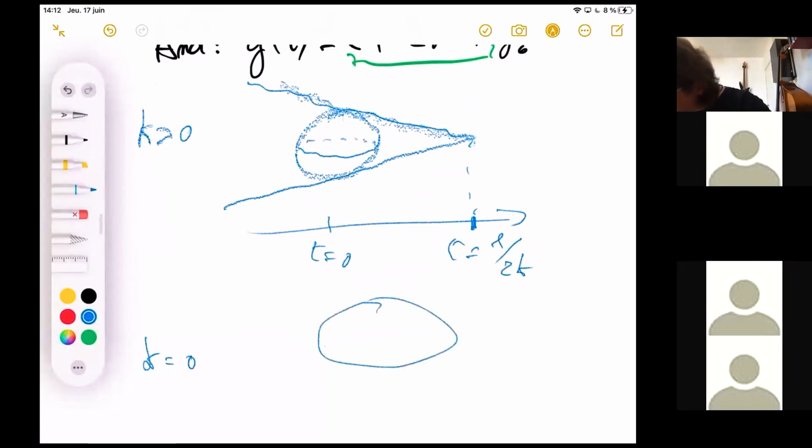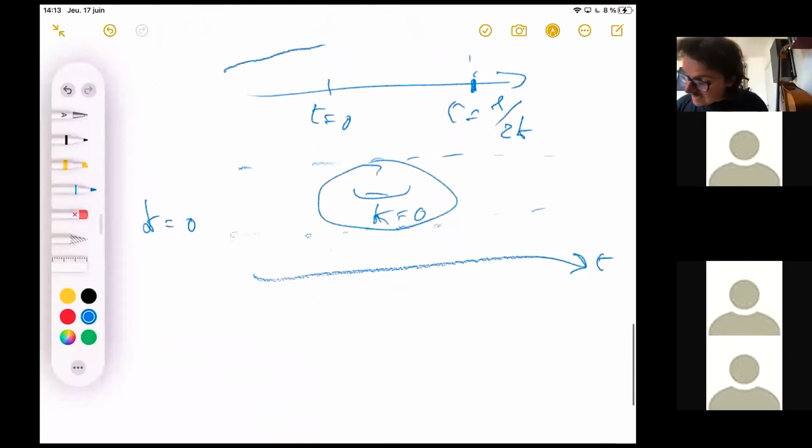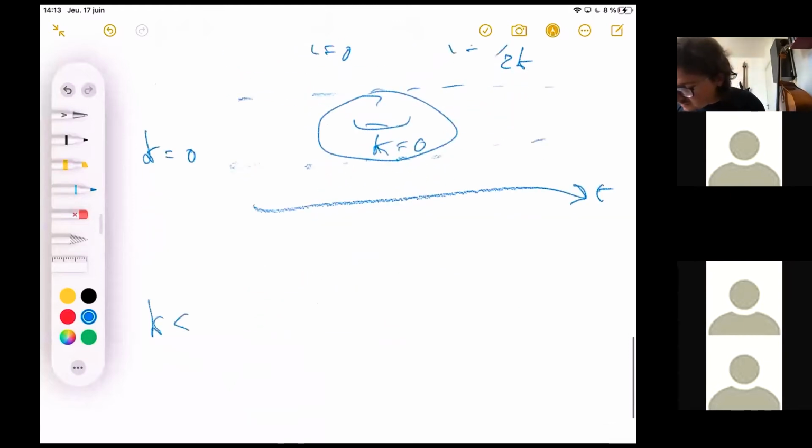So maybe let's think of a torus with a flat metric. Then it doesn't move by the Ricci flow. And if k is negative, so let's think, for instance, of a hyperbolic surface with constant curvature -1.